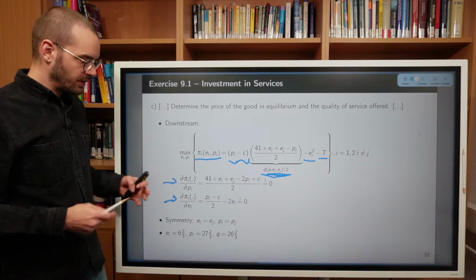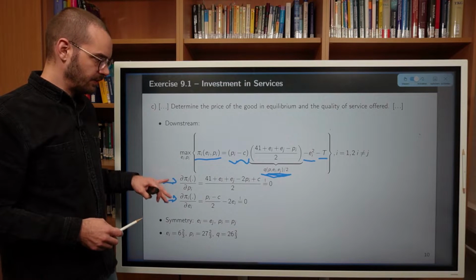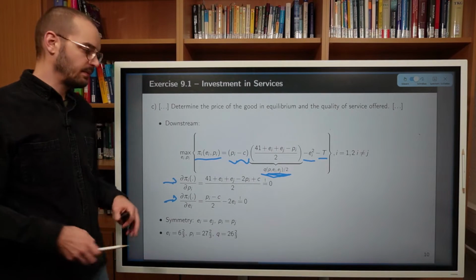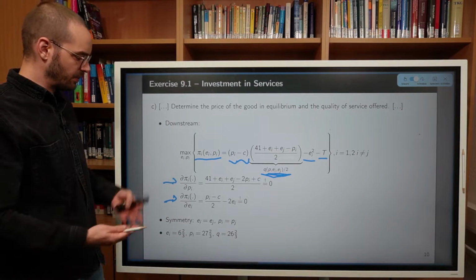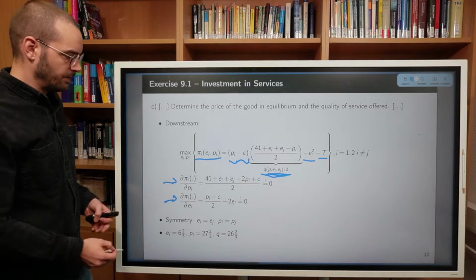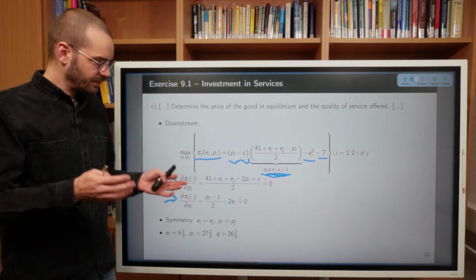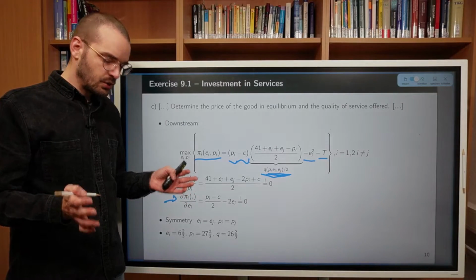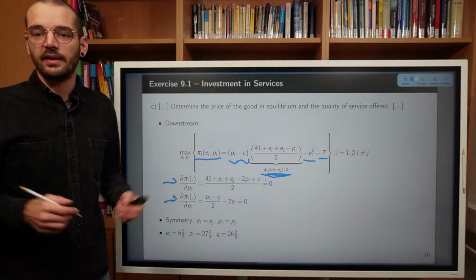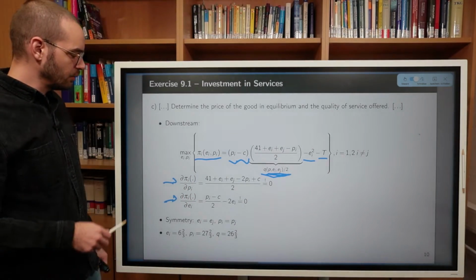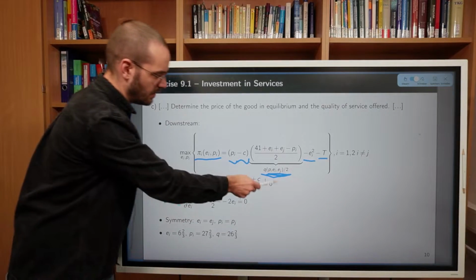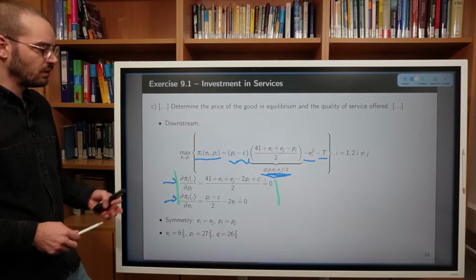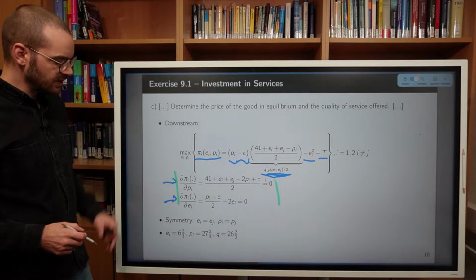So in order to find the maximum, we will calculate as the first order condition of this maximum, these partial derivatives of the profit function. This, of course, yields two equations and two unknown parameters. Again, the usual way we find our parameters is by solving this linear equation system.